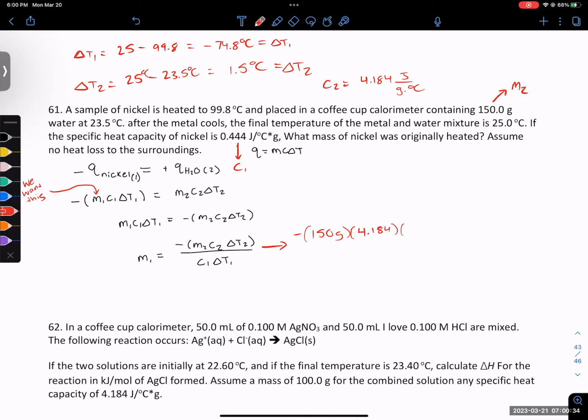And the delta T2 of the water was 1.5 degrees Celsius. All over C1, which was the specific heat of the metal, which they give to us as 0.444. You already know the units for specific heat. And the delta T of the metal, which was negative 74.8.